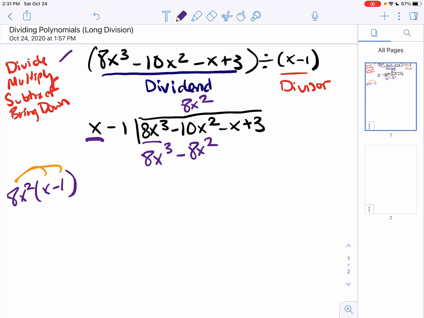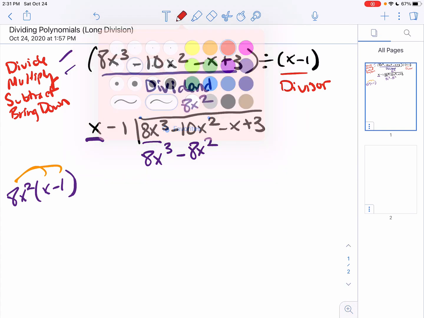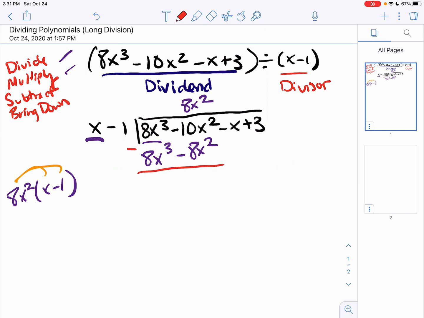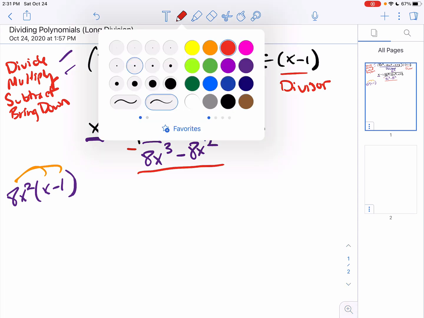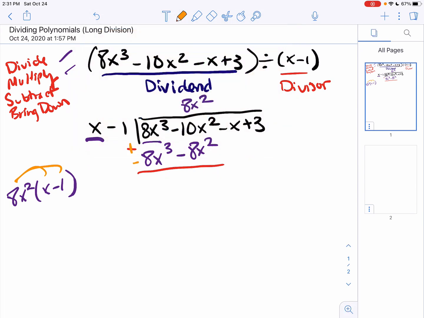All right. Now I did my multiplication, now I need to subtract. I don't like subtraction, so what I like to do is change from subtraction to addition, and then change the signs of everything else. That works. We can always do that, because it's almost like we're just distributing a negative to our other terms.